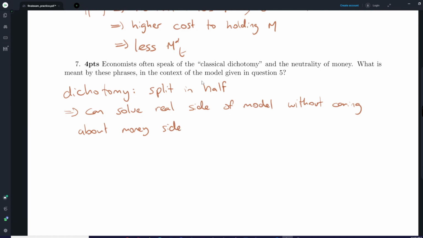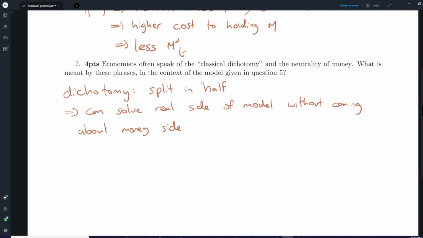So the models are not linked fully to each other, right? You can talk about the effects of consumption or tax changes without talking about the monetary model at all. You can solve the real side of the model separately from the monetary side of the model, right?